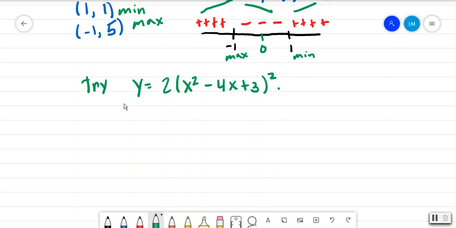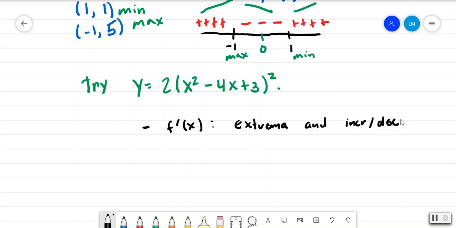So with that, just make sure you're clear that the first derivative allows you to find all extrema and the increasing and decreasing intervals, and that the second derivative has to do with concavity and points of inflection.